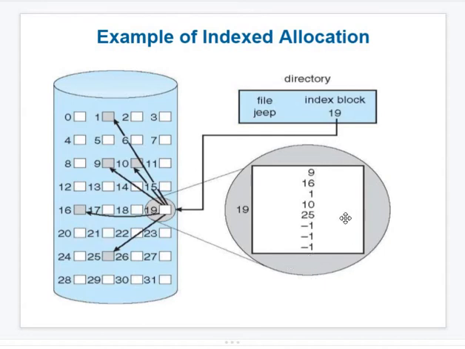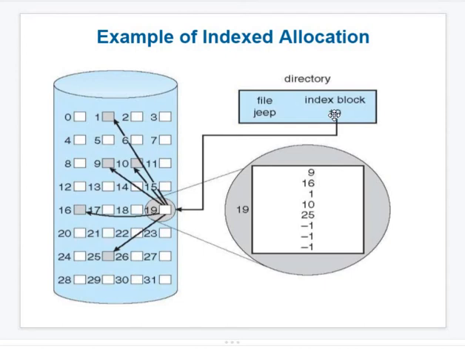Now what is the importance of this? See, the fields of the directory table are reduced. Earlier it was start and length. Now it is in terms of the block itself. And the block consists of index numbers where we are accessing.